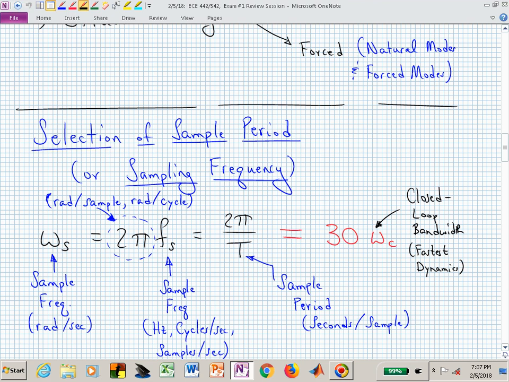And all of those can be set equal to, by the rule of thumb, this 30 times omega sub c. So this is our rule of thumb.